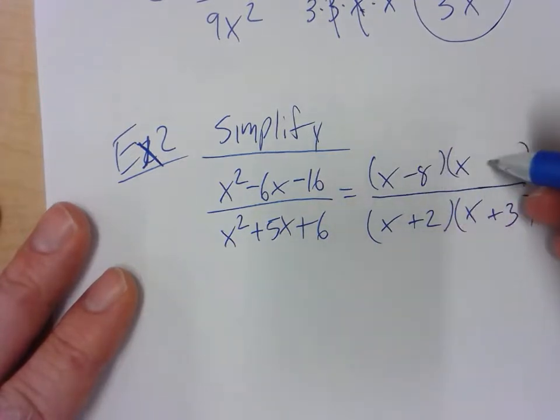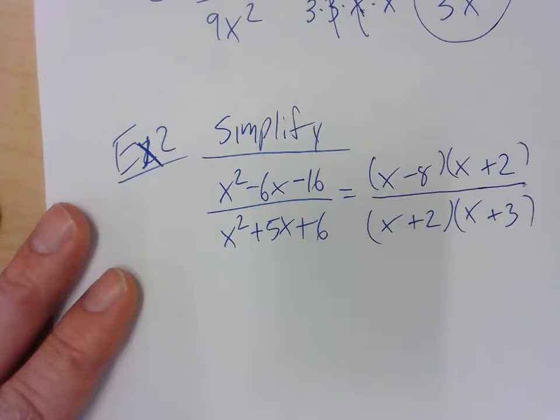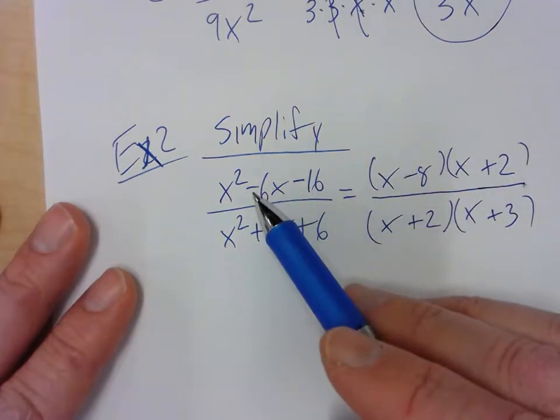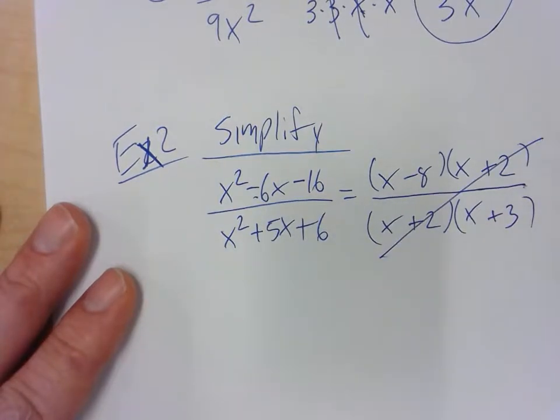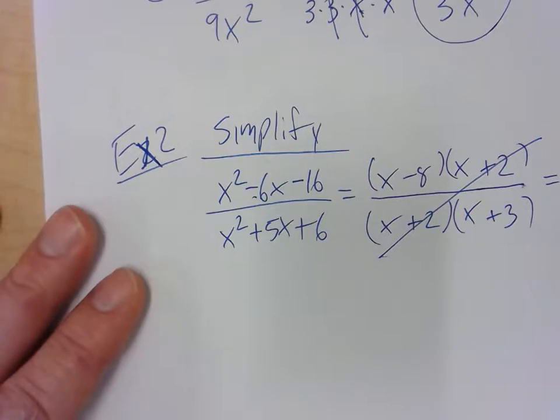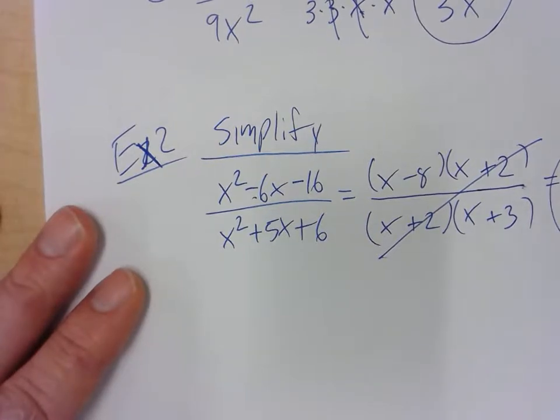And then negative 8 and positive 2. That would make the negative 6 in the middle, and there's a minus in the back. The signs are opposite, so negative 8 plus 2 makes negative 6, and we get x minus 8 over x plus 3. And that's the answer.